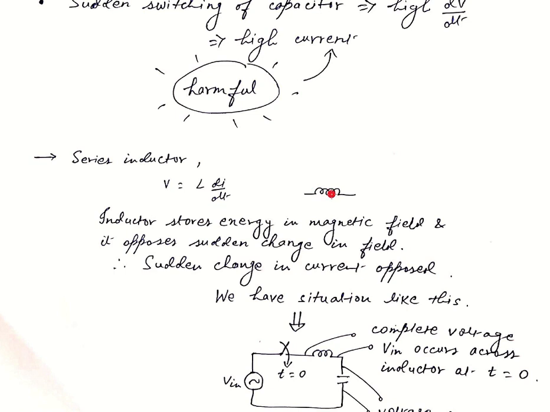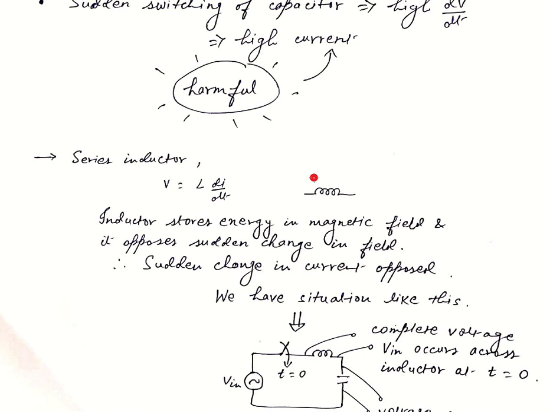An inductor stores energy in its magnetic field. This inductor will have its own magnetic field and this magnetic field will store its energy. And there is a basic law of nature which says that changes in energy cannot happen all of a sudden, in a moment's time, right?